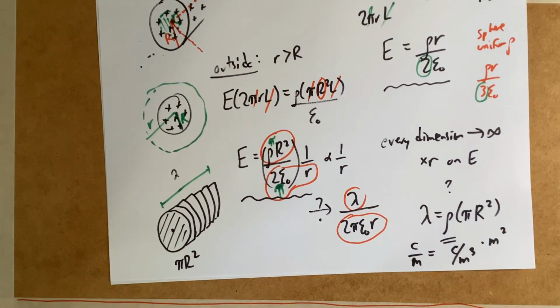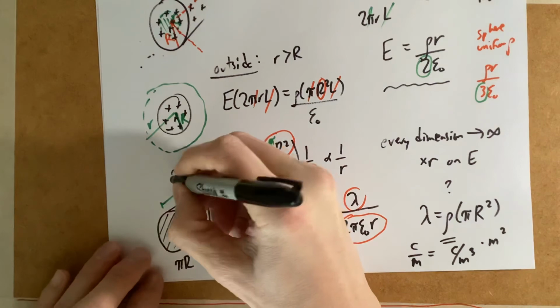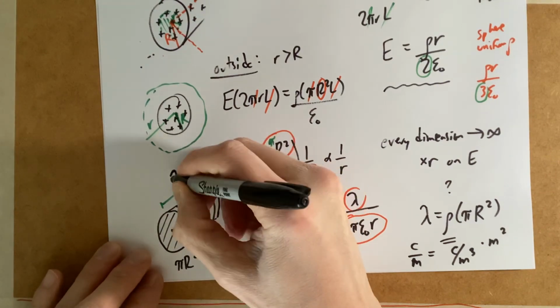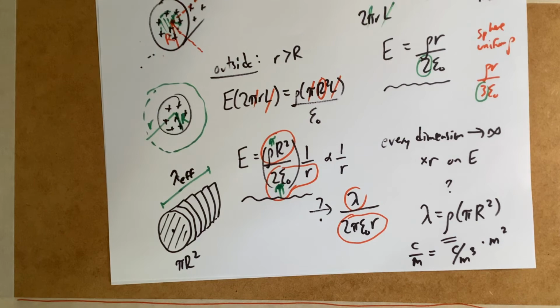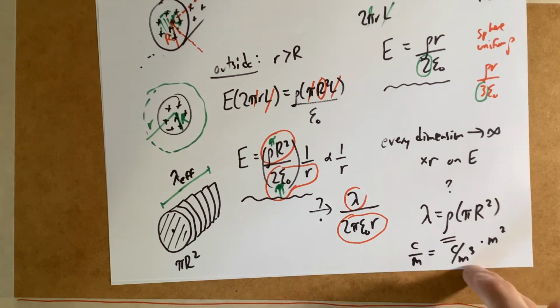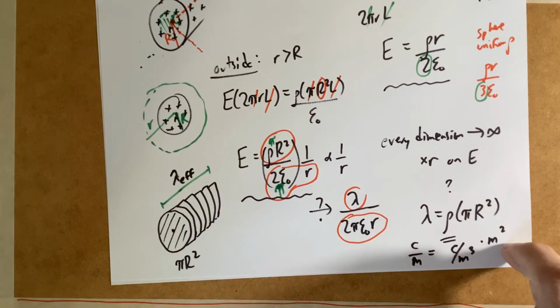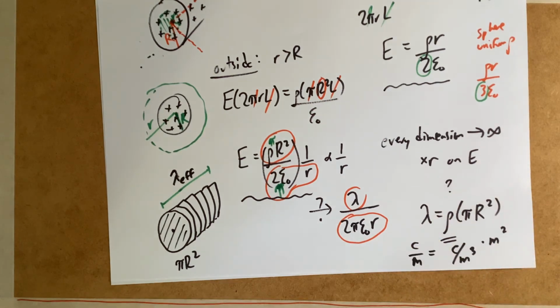So that right there is the effective charge per unit length, I could call it lambda sub eff, of this thing, because we're reserving a special idea for the one dimension of the cylinder that's infinite. So we want to leave it as per length on that one, okay? So again, that's charge per unit volume, that's rho, times the cross-sectional area A, no problem, that's a finite cross-sectional area. That gives us the charge per unit length. Okay, so that's pretty much it for the electric field.